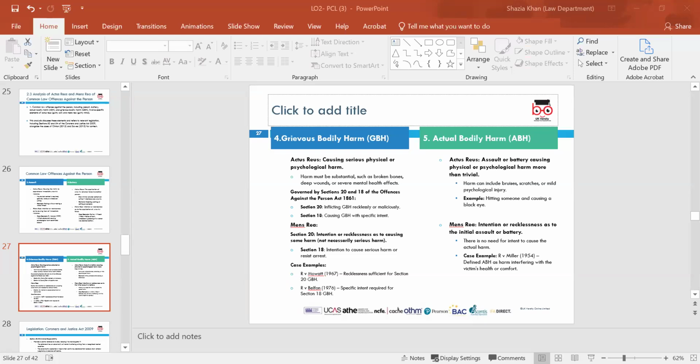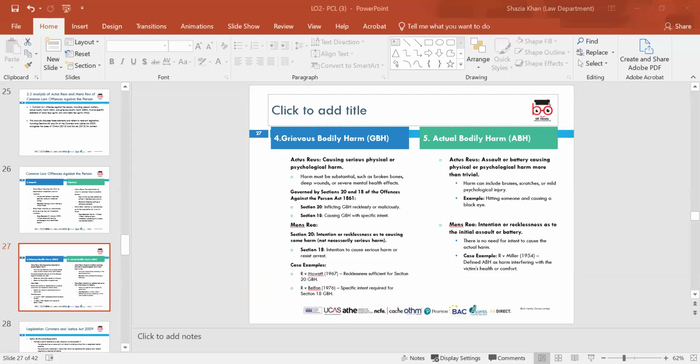Individuals convicted of GBH can face substantial penalties, including lengthy prison sentences, substantial fines, and a criminal record that could have lasting consequences on their personal and professional lives. The severity of the punishment often depends on factors such as the extent of the harm caused, the intentions of the perpetrator, and any aggravating or mitigating circumstances surrounding the offence.